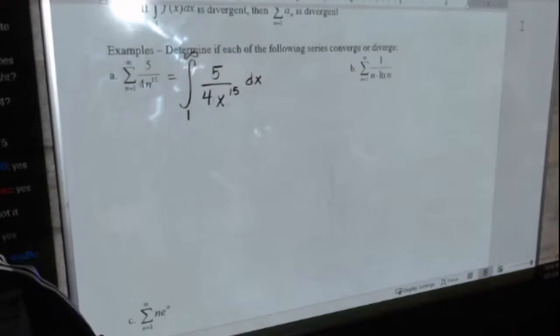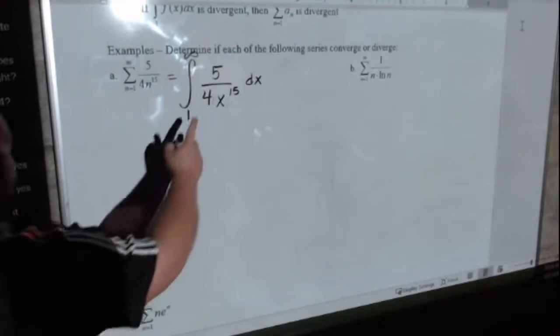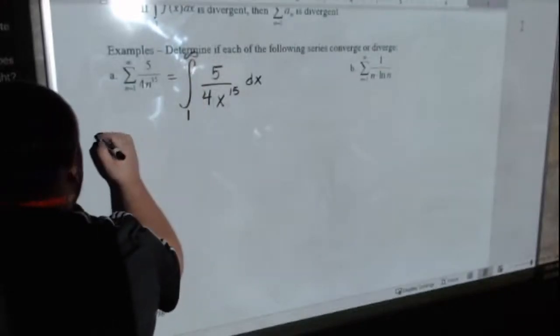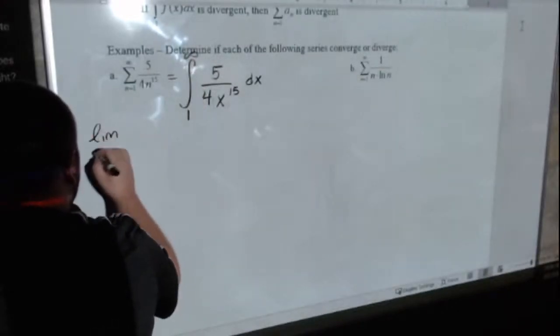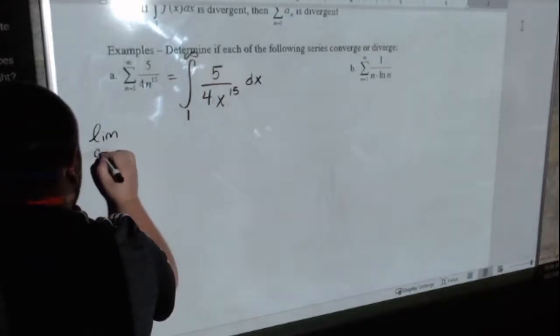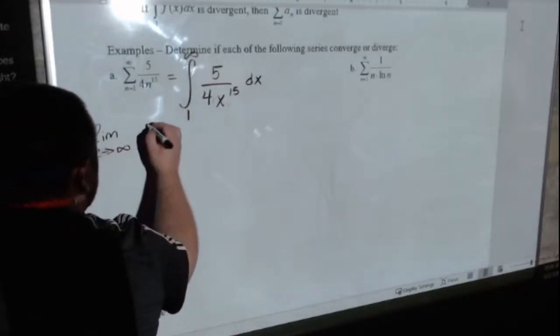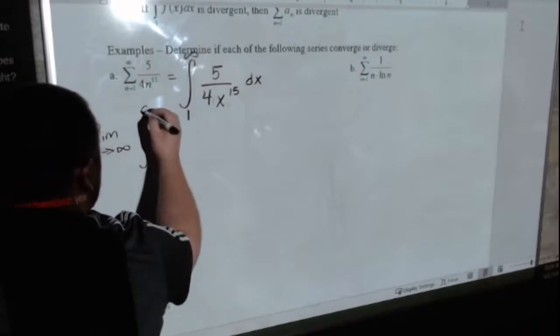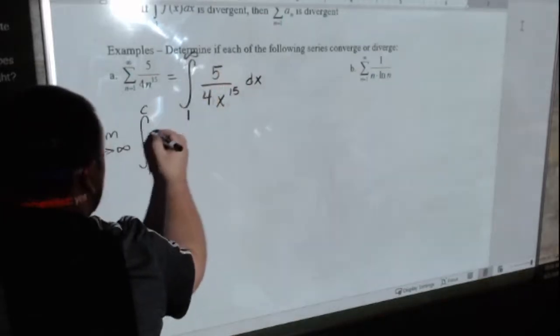Then as a technicality, I should be changing this into an improper integral, because I have an infinite bound.